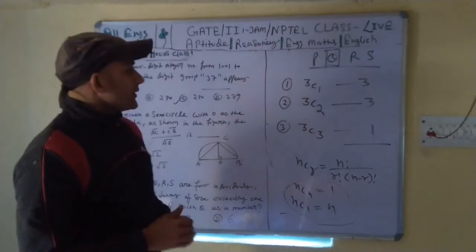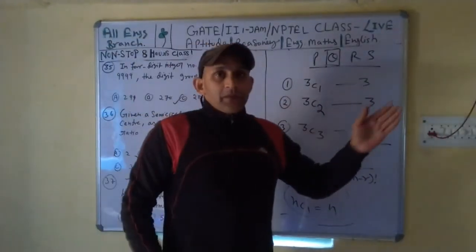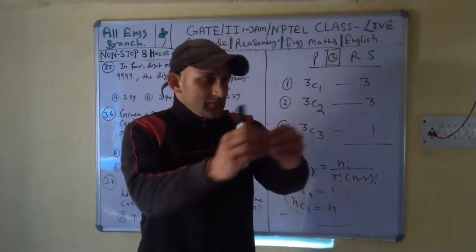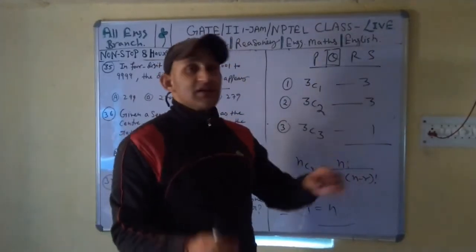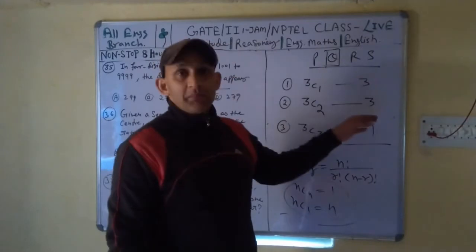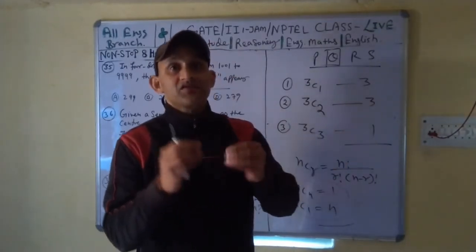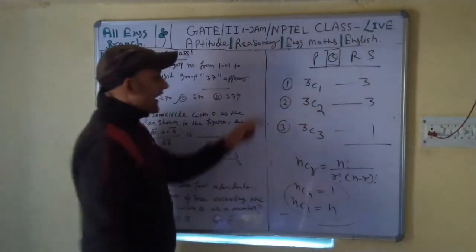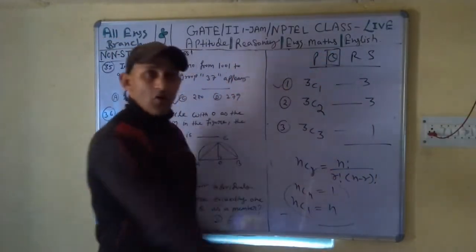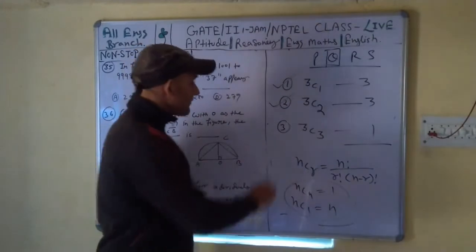I told you, whenever there is no relationship between 2 cases, then you will add the numbers. If there is a relationship, then you will multiply. That is the definition of multiplication and addition. So here there is no relationship. Either this event will occur, or this event will occur, or this event will occur.